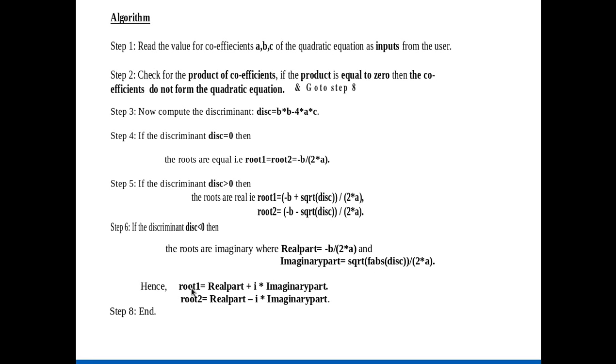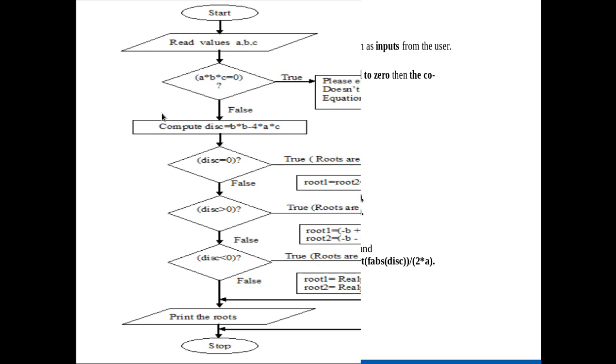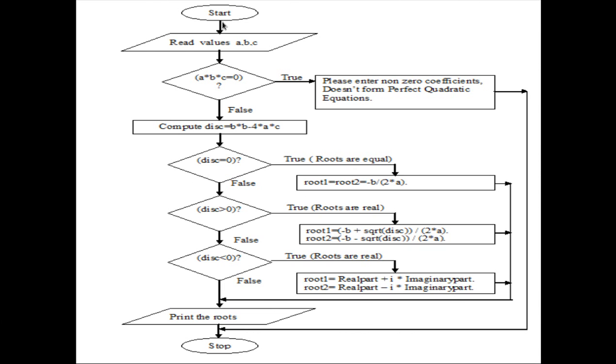Hence root 1 is real part plus i times the imaginary part, and root 2 is real part minus i times the imaginary part. That ends the algorithm. The same I can represent pictorially, or graphically, using a flowchart.